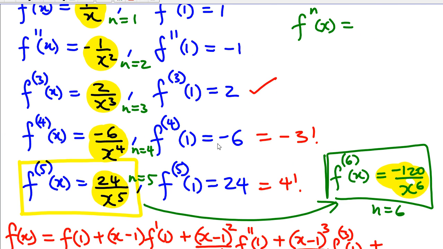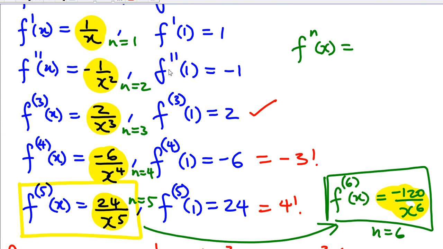pattern of derivatives here, and I've just highlighted from the first derivative to the sixth derivative. So this is at n equals 1, n equals 2, n equals 3, n equals 4, and n equals 5. So if we have this, how can we come up with a pattern?